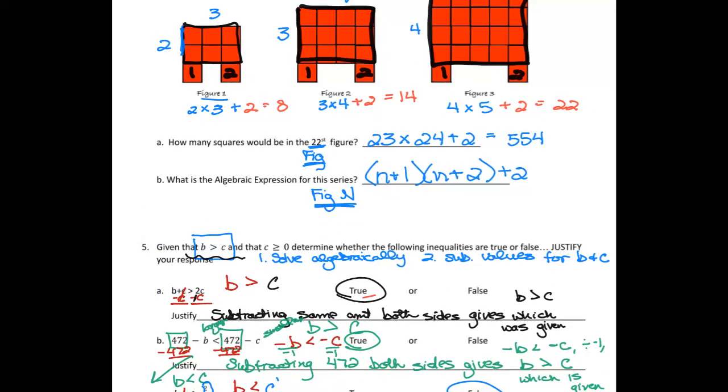And you could multiply that out and get n times n plus 2n plus 1n plus 2 plus the 2, because this is all from within, and you get n squared plus 3n plus 4.